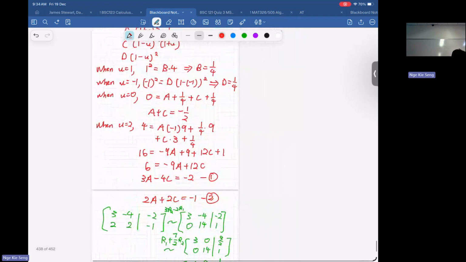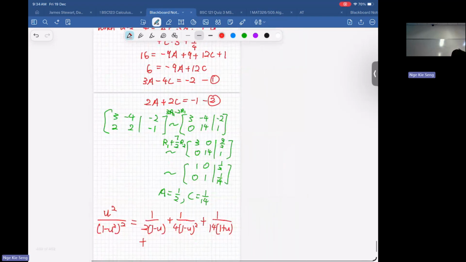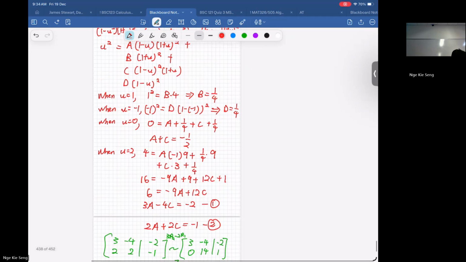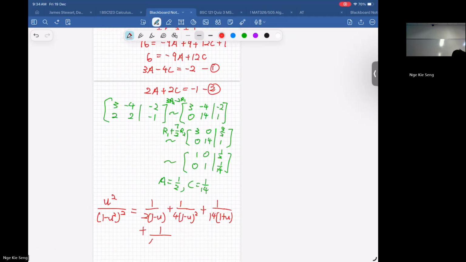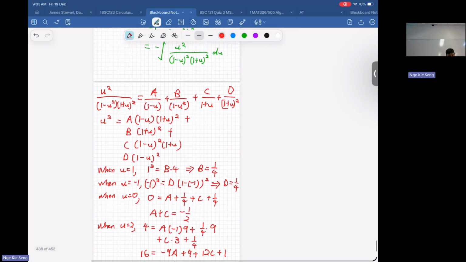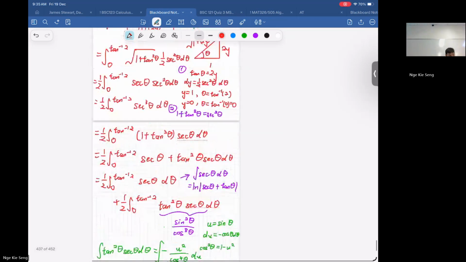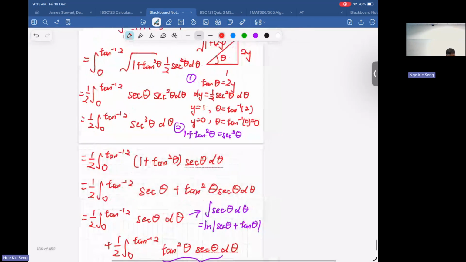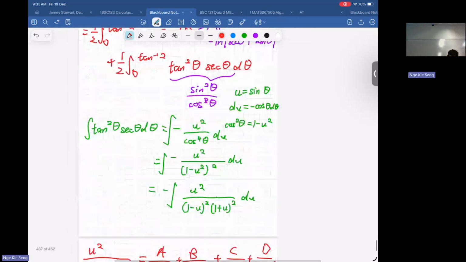Maybe someone can use the online calculator to check whether this is correct or not. Someone want to use an online calculator to check, is this really a hard integral?